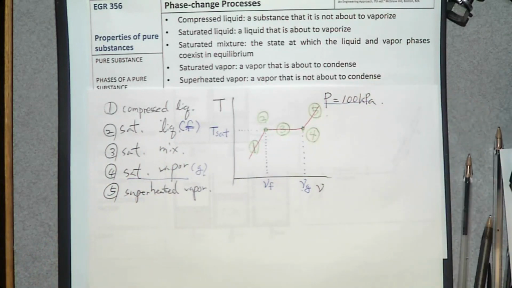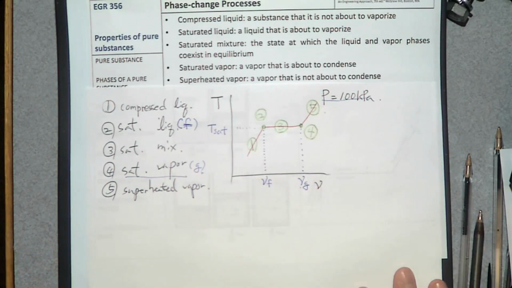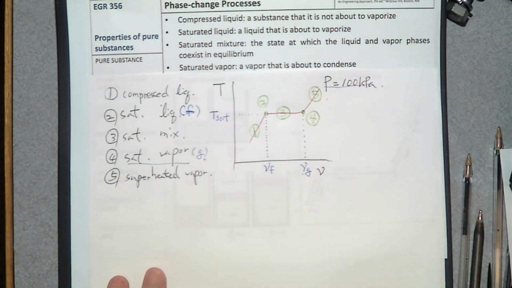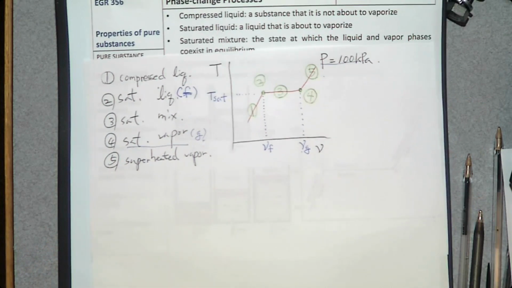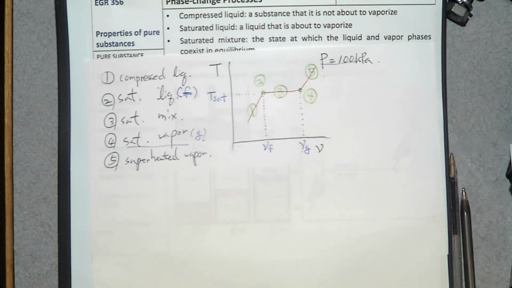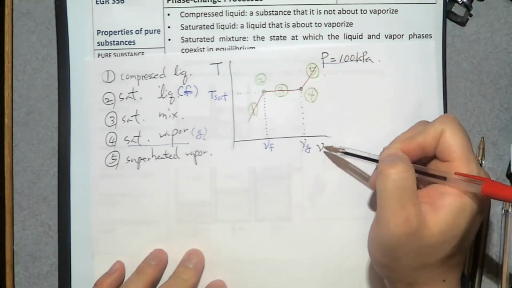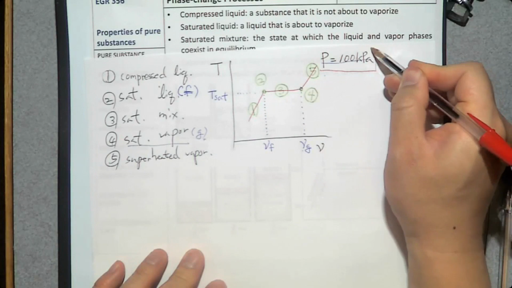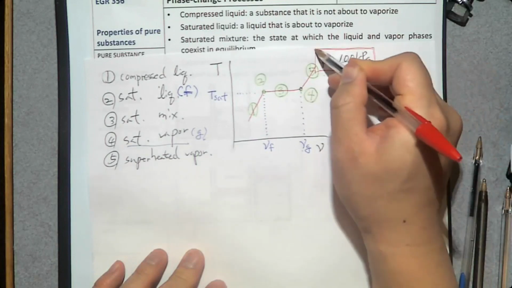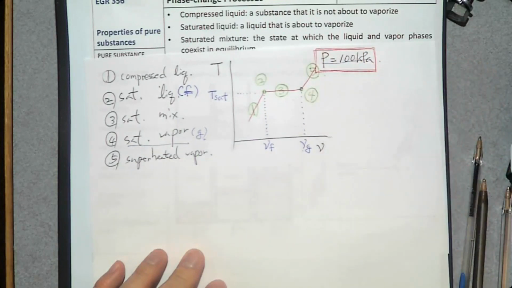So that's how you make this TV diagram at the given pressure, assuming that you know the pressure of your system.